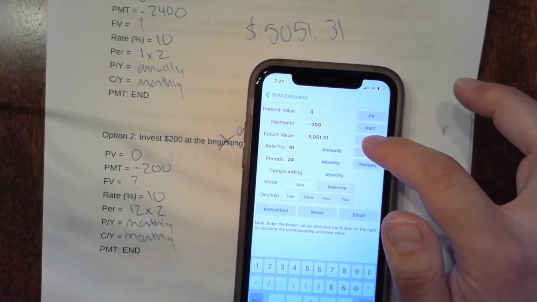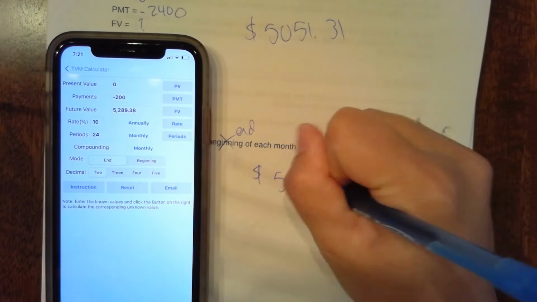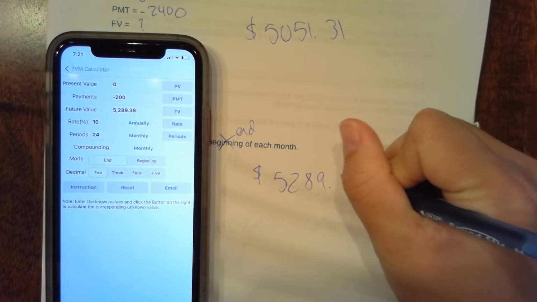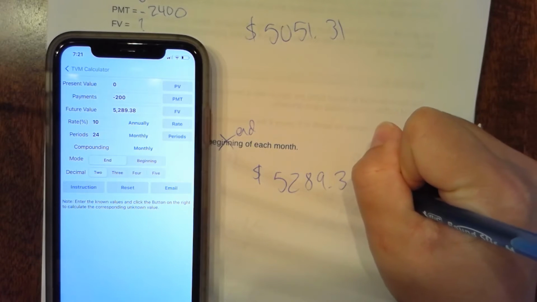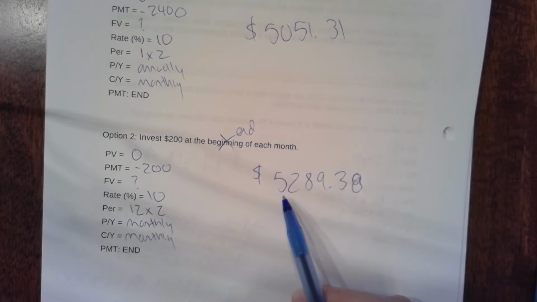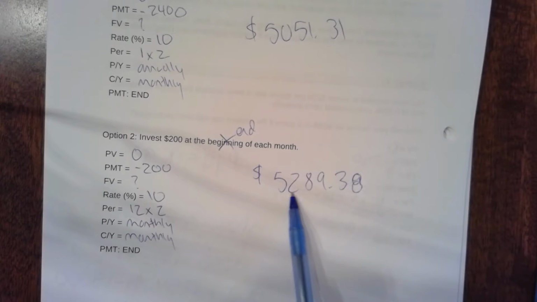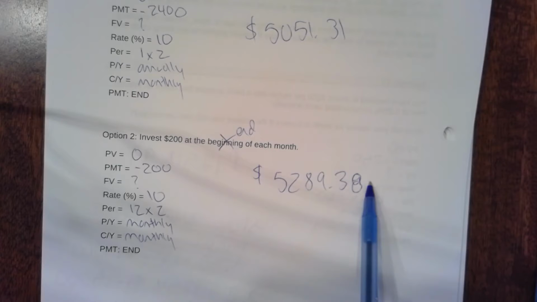All right, future value. There we go. This time, investing the same amount of money over 2 years, I ended up with over $200 more.